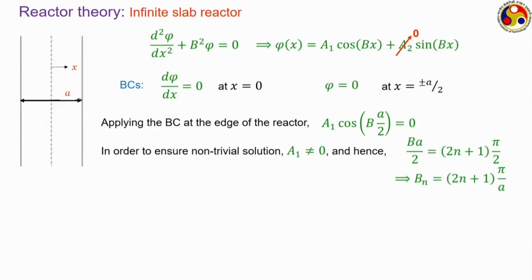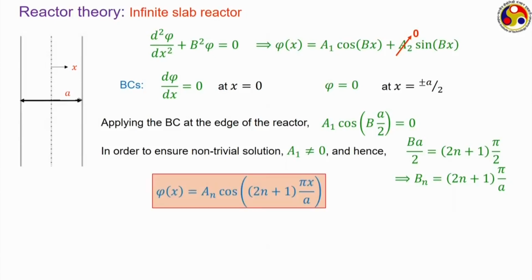So, this actually is leading to an infinite set of solutions, that is we are getting phi is equal to a n cos (2n plus 1) pi x upon a, where a n refers to the value of this coefficient a corresponding to the nth mode of this function.